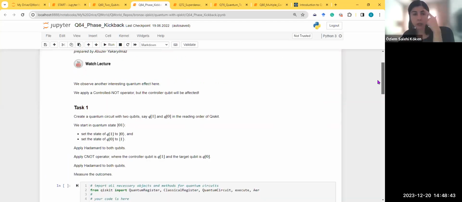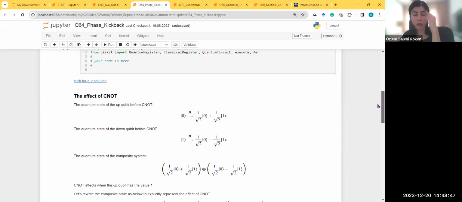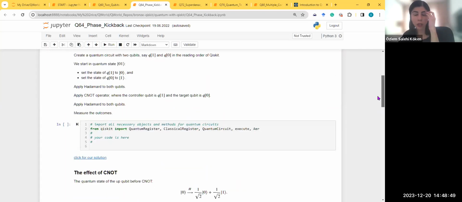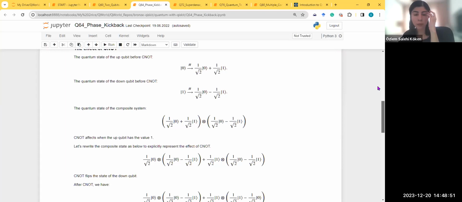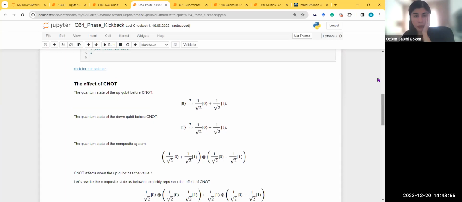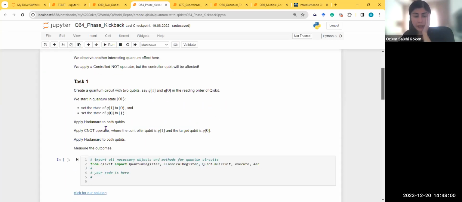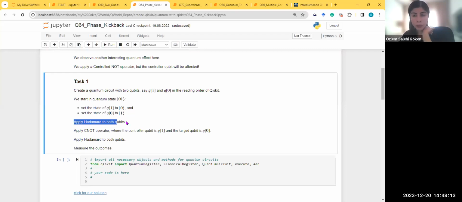There is a task you should do, but I will show you through mathematical derivation what's going on. Here, you start in quantum state 01. Different from what we did previously, you first apply Hadamard on both qubits.